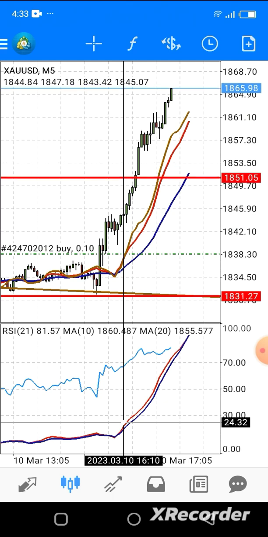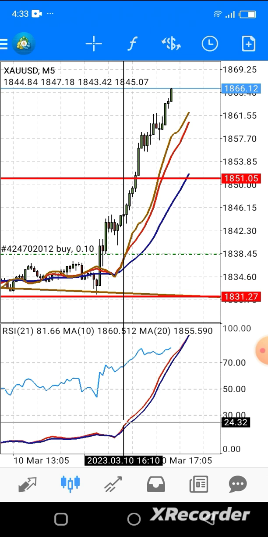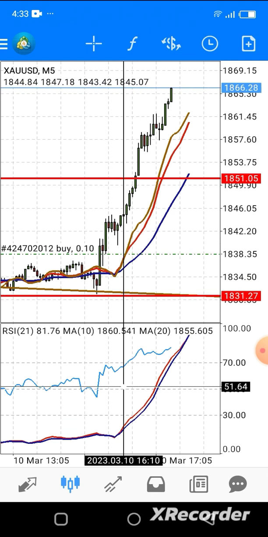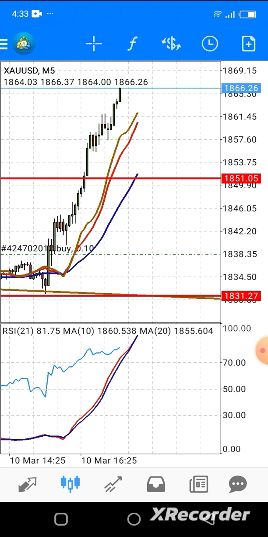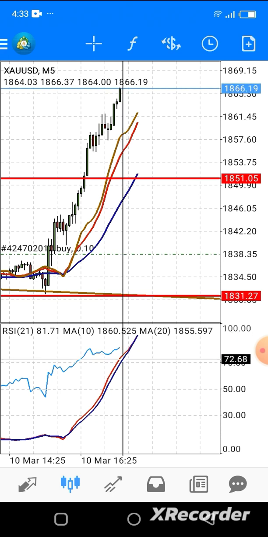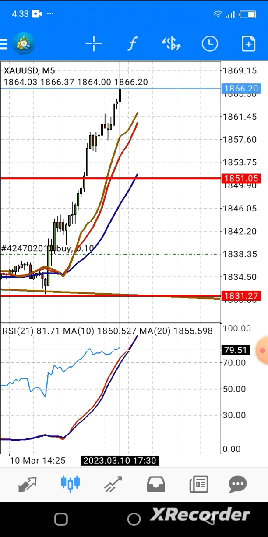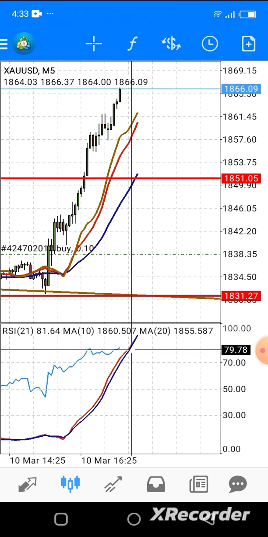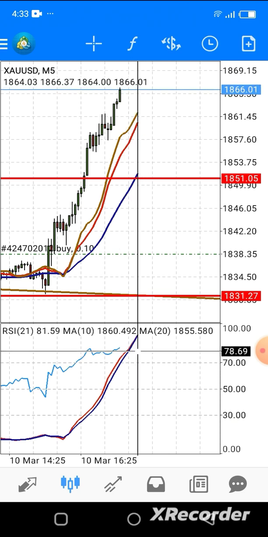Now this is what I'm doing right now. I'm relaxing because I know I'm going to be in good profit. Now I'm going to close this trade if this red moving average on the indicator window crosses below the blue moving average.